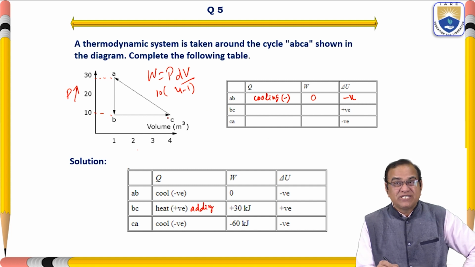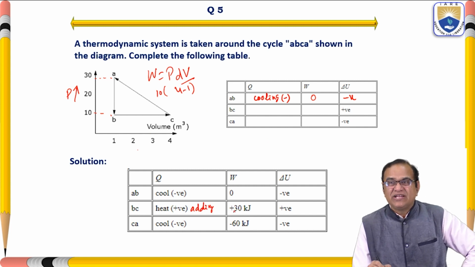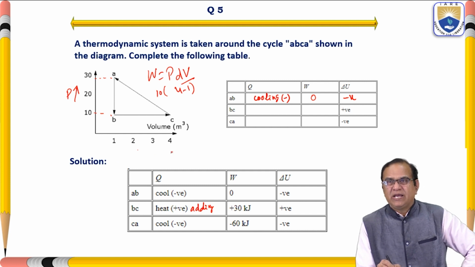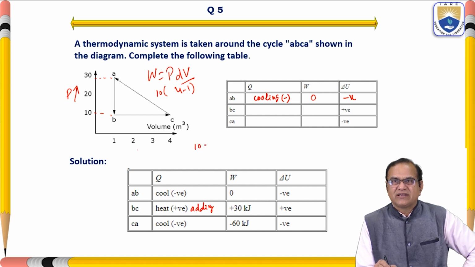And previously we got the 30 kilojoule. Okay, so we can find out PdV, P is how much? It is equal to 10 into 10 to the power 3 and 4 minus 1. So we will get 30 kilojoule. This is the work done.